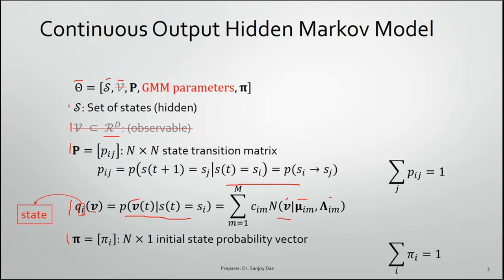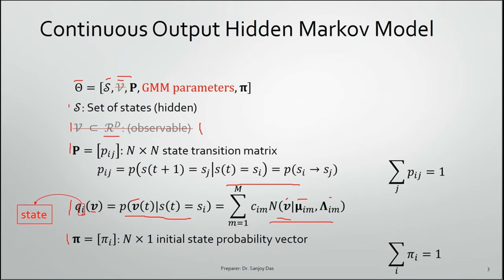Now, since the output symbols are completely characterized by the GMM parameters, we actually don't need to include V, the set of output symbols, in defining the HMM.